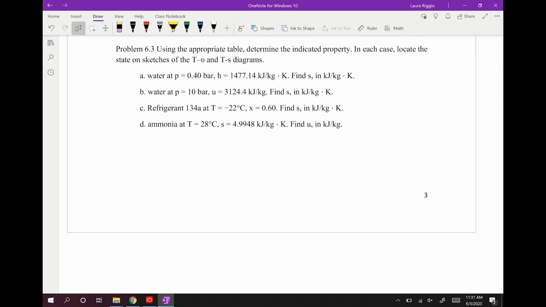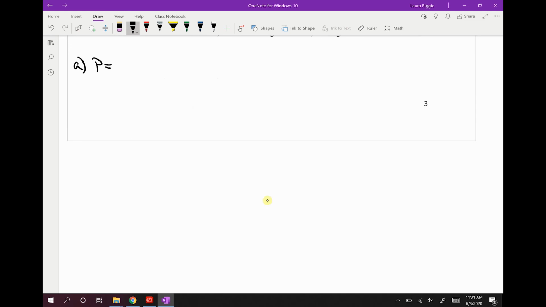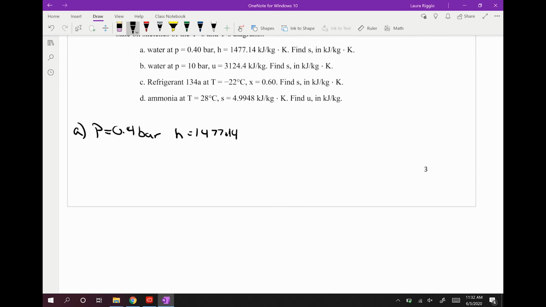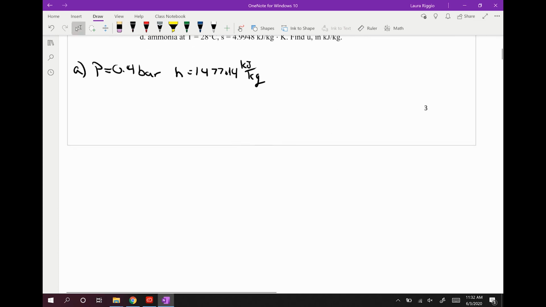So let's take a look at retrieving some of our entropy data. For the first one, we were given water at 0.4 bar and an enthalpy, and we're asked to find our specific entropy. I know my pressure and I know my enthalpy. I'm trying to find my entropy.